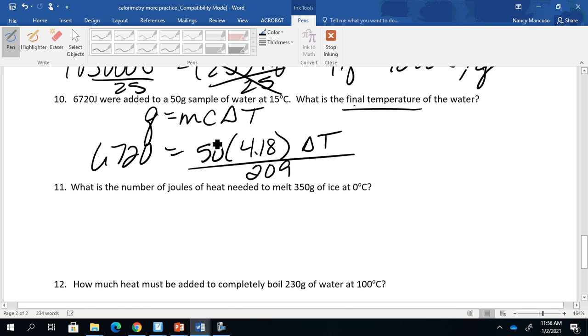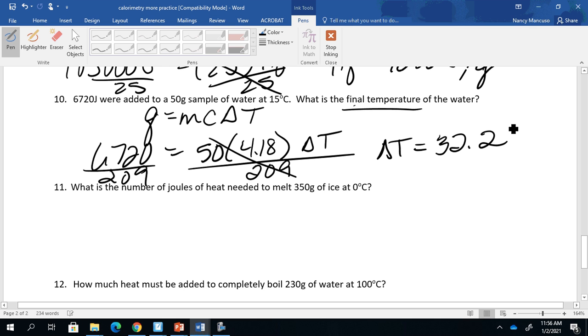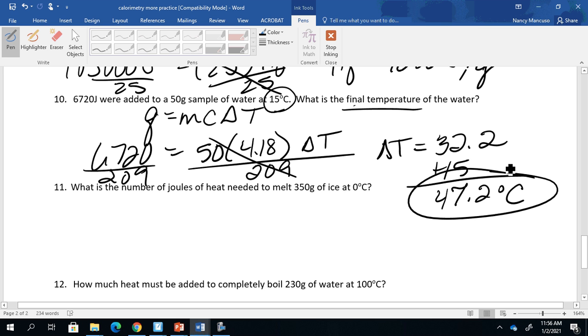So I'm going to divide both sides by 209. So delta T is going to equal 6720 divided by 209. That gives me 32.2. But that's just the change in temperature. It started at 15. So I got to go plus 15. So that's 47.2 degrees Celsius would be the final temperature of the water.